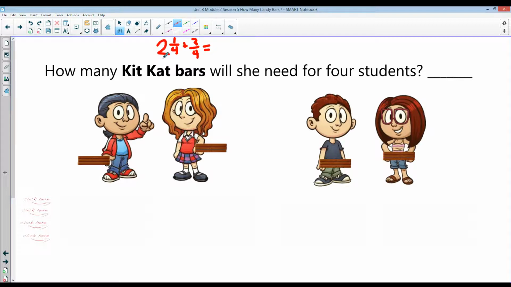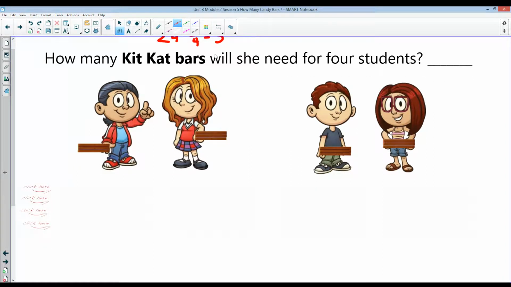Now, here again, we're going to want to add our fractions first. So 1/4 plus 3/4 is 4/4. That's the same as the whole. 1 whole plus 2 would be 3 candy bars. But let's model that. So if he has 1, 2, 3, right?